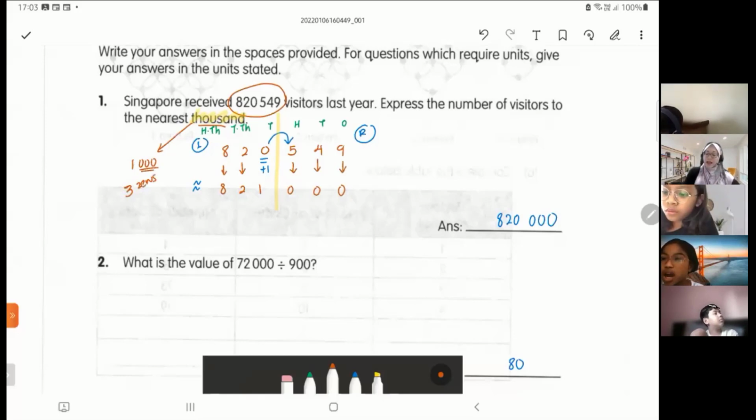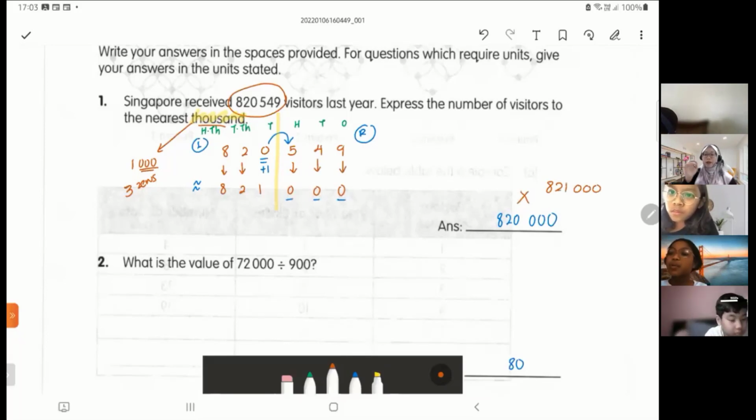So my answer must have 3 zeros as well. 1, 2, 3 to double confirm. So the answer is 821,000.